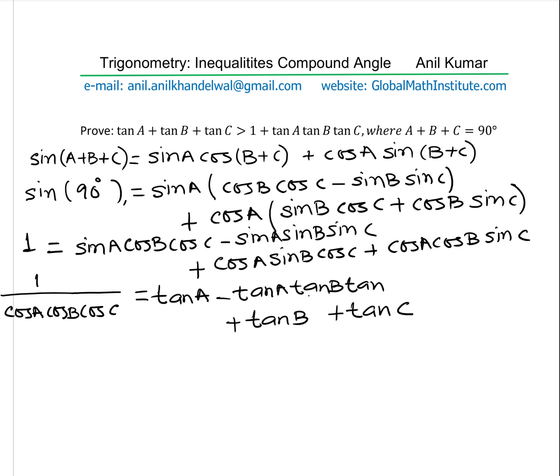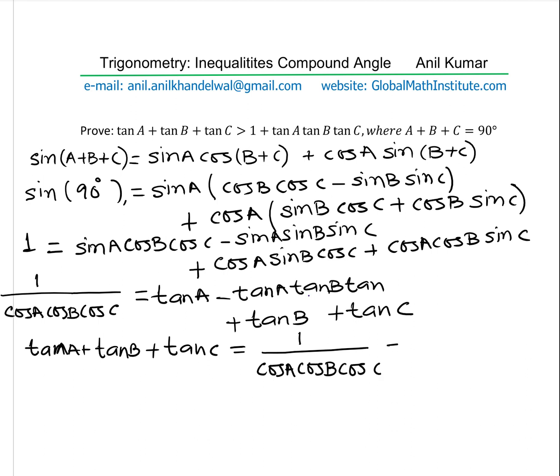Since we need to prove the sum of tans is greater than this, what we'll take is that we'll take the sum of tans on one side, so we can write this as tan A plus tan B plus tan C is equal to 1 over cos A cos B cos C plus tan A tan B tan C. Is that clear to you, right?